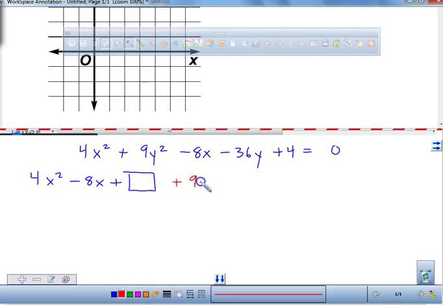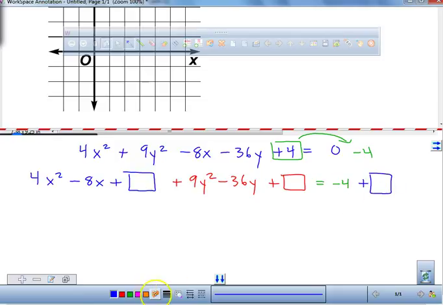We're going to put plus 9y squared minus 36y plus another square that we're eventually going to complete, but not right now. And the last thing I'm going to do is take this positive 4 and move it across the equal sign and make it a negative 4. So we'll put equals negative 4 plus square plus another square. So we're going to be filling these in.